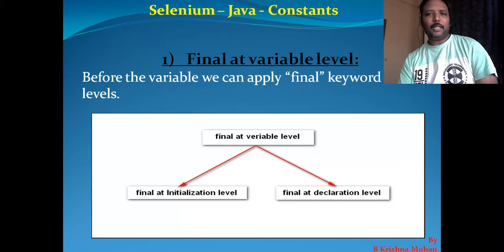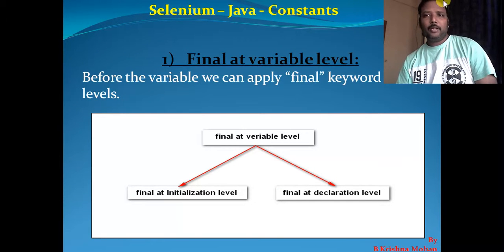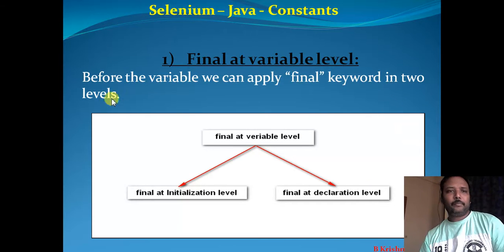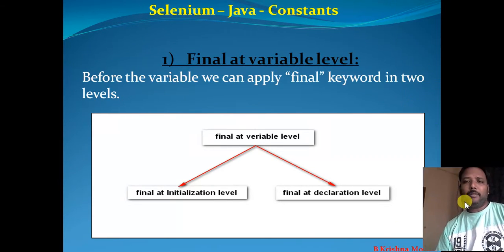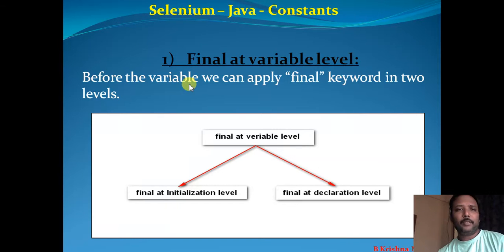First, we are going for final at the variable level. Before the variable, we can apply the final keyword in two ways. If you want to make a variable a constant, we have to use the keyword final before that variable, and that can be done in two ways: at the initialization level and at the declaration level.